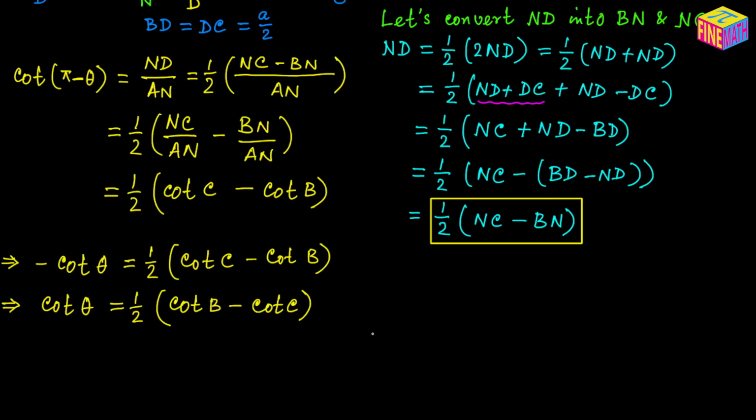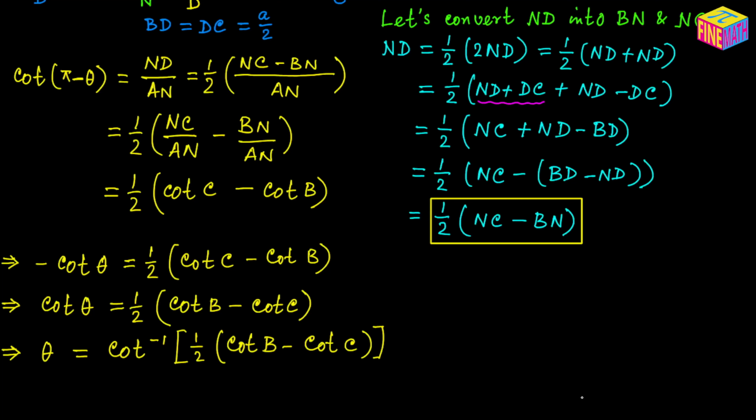From here we can easily say that theta is equal to cotangent inverse of half times cotangent of B minus cotangent of C. So to find the value of theta, we need to know the values of the angles B and C.